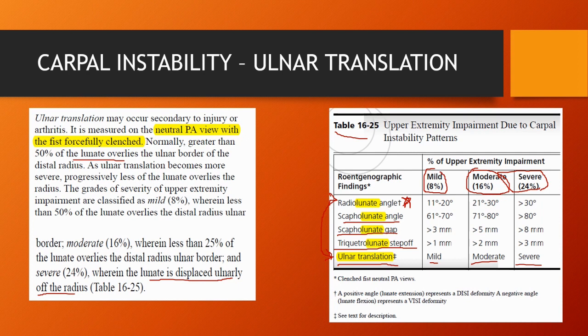So the radiolunate angle can be used to assess both the dissociative and the non-dissociative forms of carpal instability.